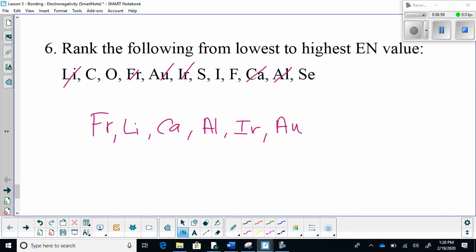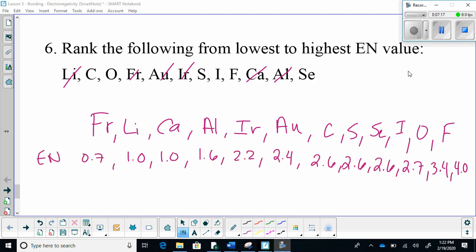Carbon, sulfur, selenium, iodine, oxygen, and fluorine. This is based on their electronegativity numbers. Technically, between these two it would be okay if they were flipped around, but I would like us to get into the habit of listing the lighter to heavier. So always go lighter to heavier when you are listing them in order.